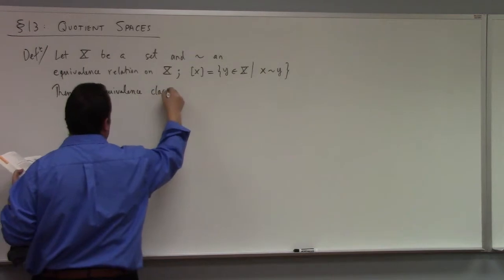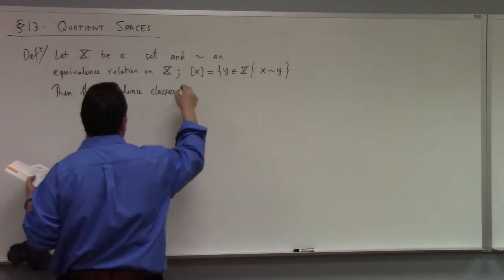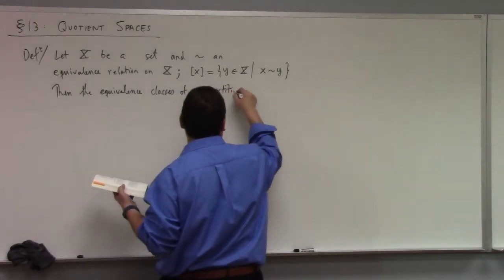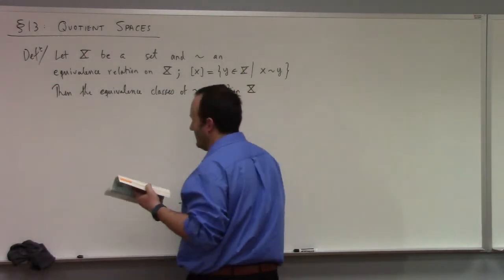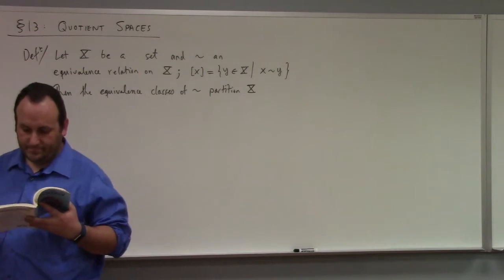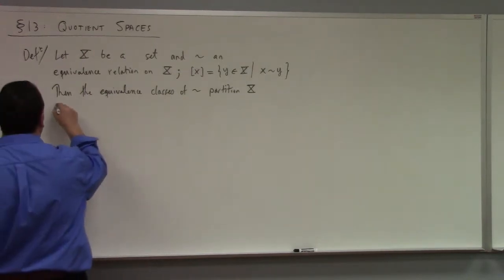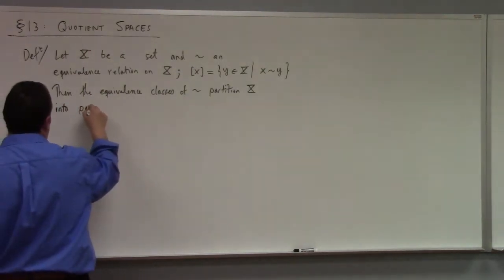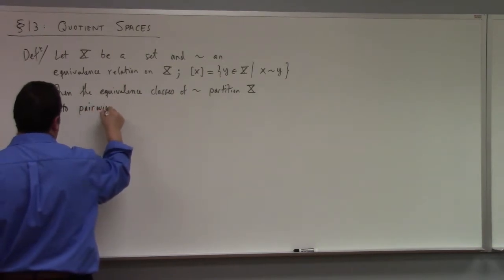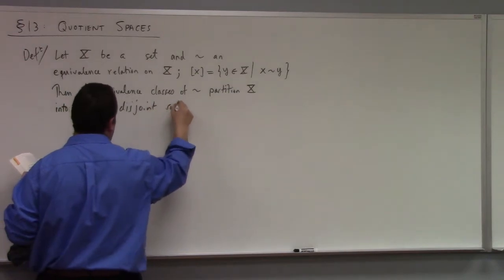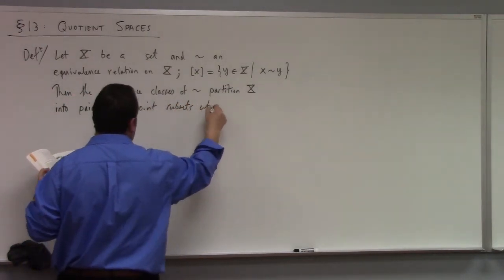Equivalence classes partition X into pairwise disjoint subsets whose union is X.